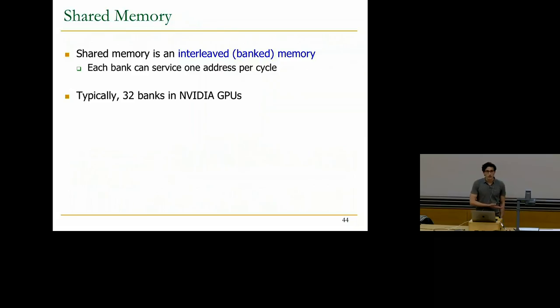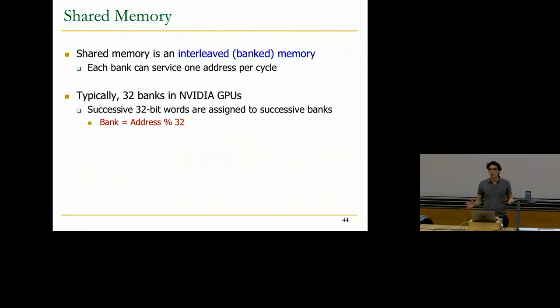Recall yesterday's lecture, we have the SIMD pipeline, or we have the vector, and if we want to get full bandwidth from memory, it's good that the memory is banked. So that's more or less what we have here. Typically, this shared memory has 32 banks, and this is good for the size of the warp.